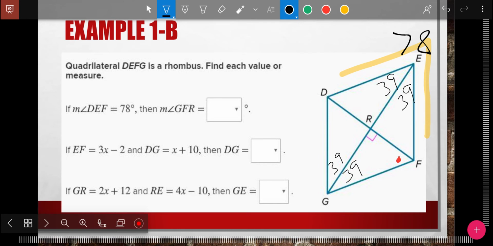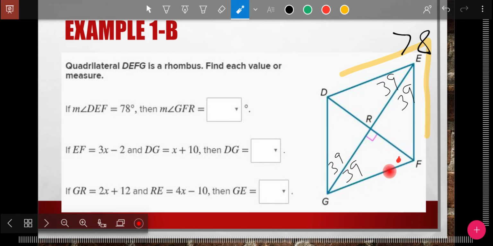And then I have to see this is a triangle. The diagonals are perpendicular, so that's why that's 90. But this is a triangle right here. A triangle has 180 degrees.